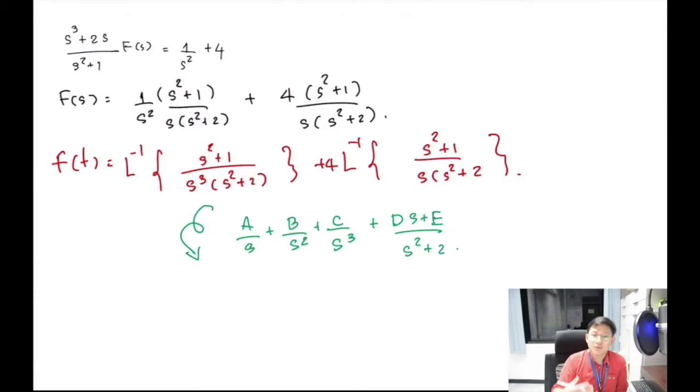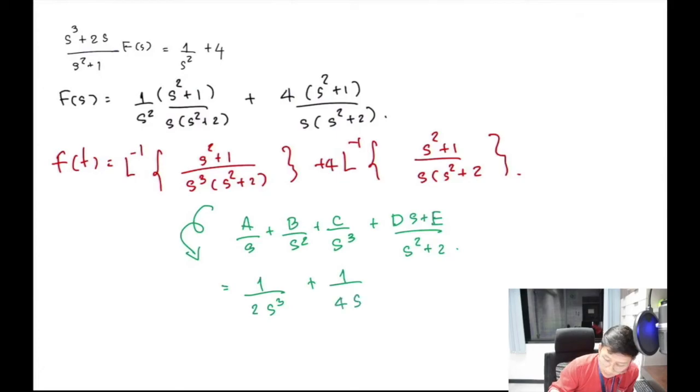Then you need to solve for a, b, c, d, e, so that you can write this in terms of partial fractions. But I'll just give you the results. Here is 1 over 2s cubed plus 1 over 4s minus s divided by 4 times s squared plus 2. Okay, this is from the book. I didn't do anything, just from the book.